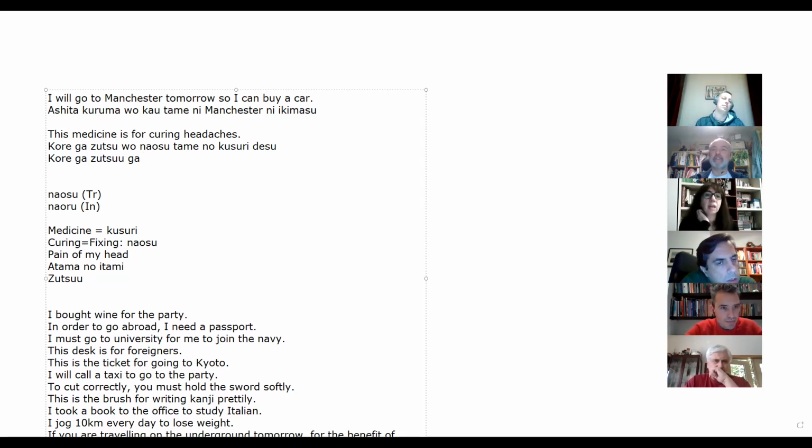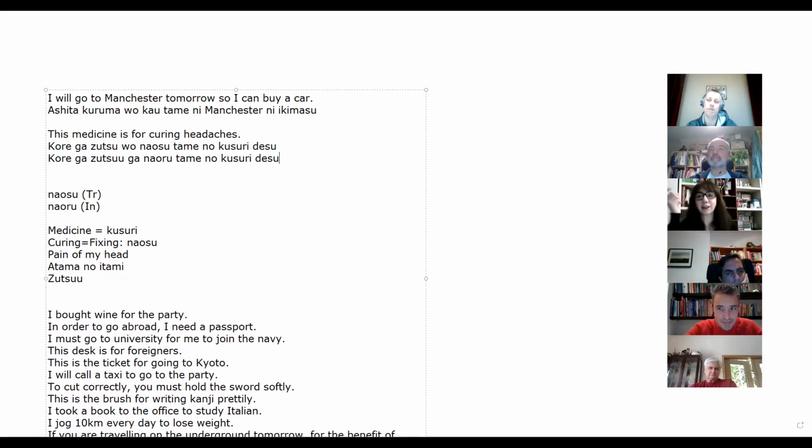And then I have to change the verb, naoru. It's still the plain form. Tame no kusuri desu. I thought that the second change was the use of the verb, but with a different verb.